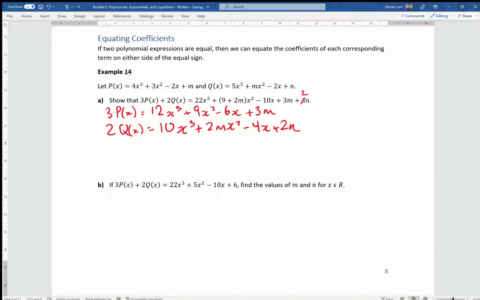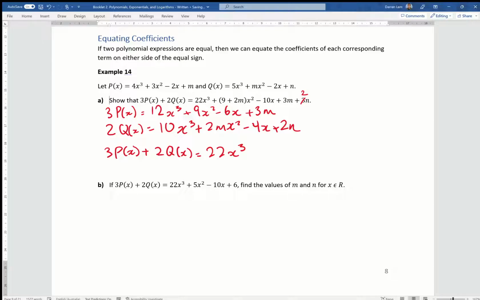Okay, and to show that, we just have to add them together. So 3p of x plus 2q of x equals, and I'm just going to add them together. So that's 22x cubed. Now here, what you might do is separate them out, but I'm going to skip a step.